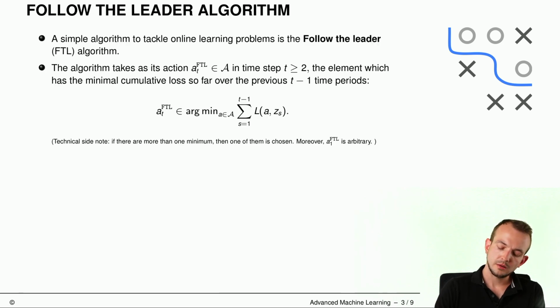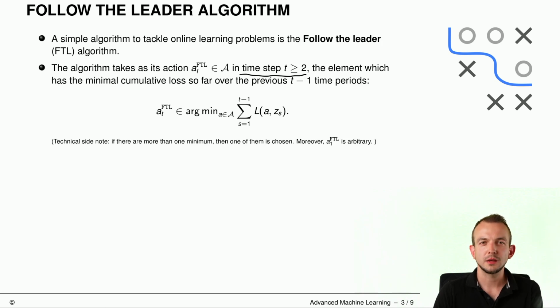And the very first and quite intuitive algorithm which you would think of for an online learning problem is the follow the leader algorithm, which is doing the following. So imagine you are in time step t, and now what you could do is you could keep track of the cumulative loss of all actions for the previously seen environmental data points.